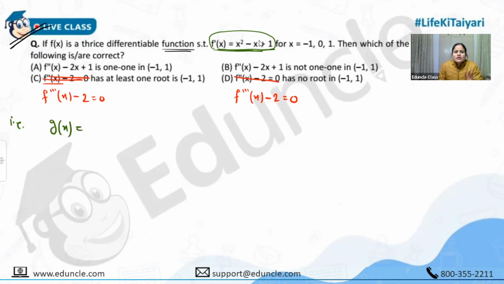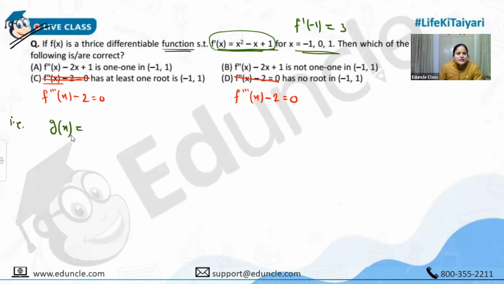F dash at -1 is equal to this: if I put x equal to -1 here, this will give you 3 basically, then put 0. Getting my point? So this equation is satisfied for these three points.